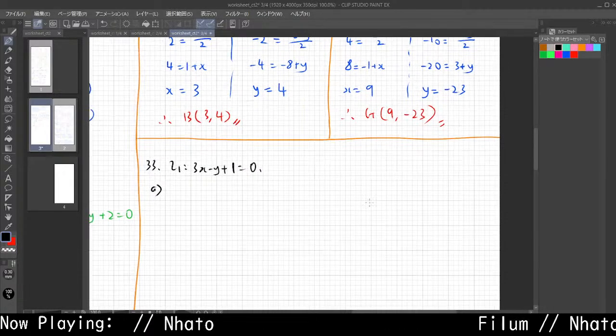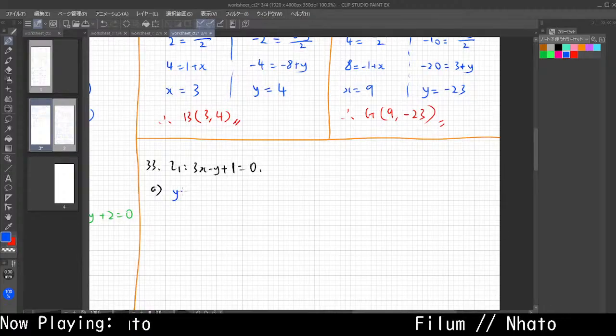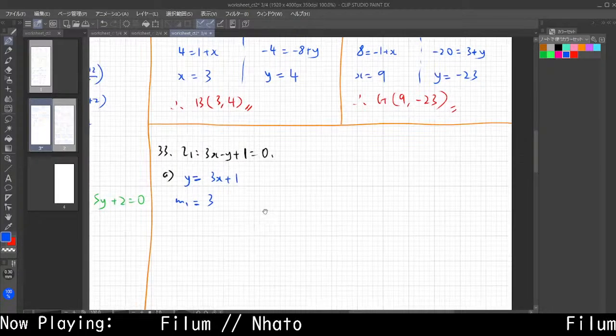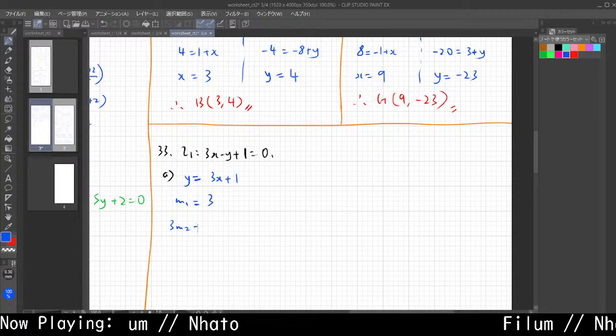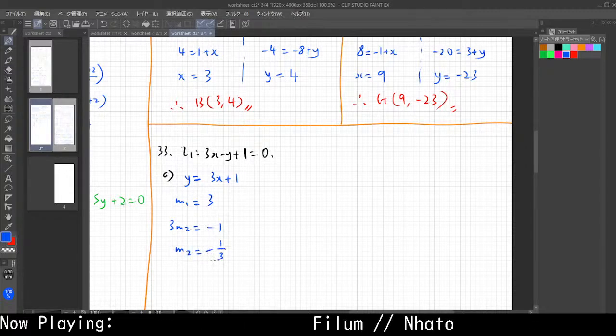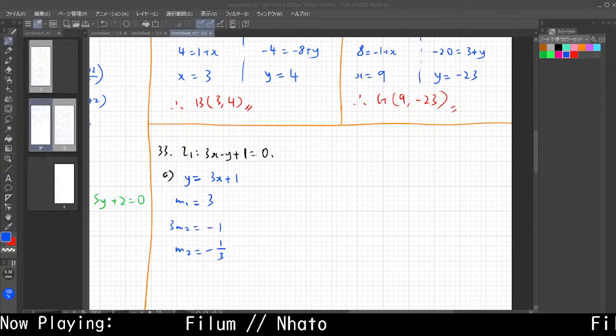Part 1. Let's find the gradient. So your m1 in this case is 3. You want to be perpendicular, so 3 m2 equals to negative 1, m2 equals to negative 1 over 3.